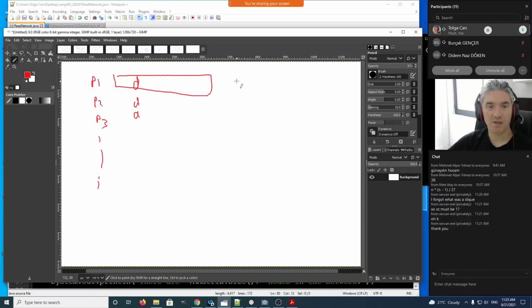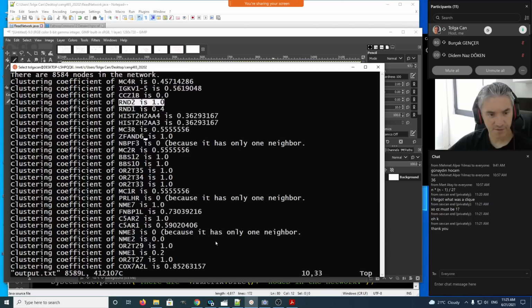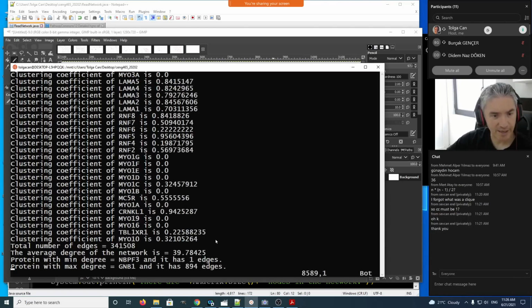The largest degree in this graph is 894 edges. So there is a node, GMB1, with 894 edges. Does that mean that it is in an 894-core? No. Because in order to be in an 894-core, you have to have a subgraph of at least 895 nodes, and all of the 895 nodes in that subgraph should be connected to the other 894 nodes in that subgraph.